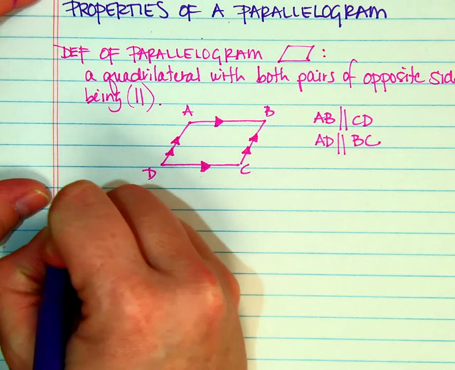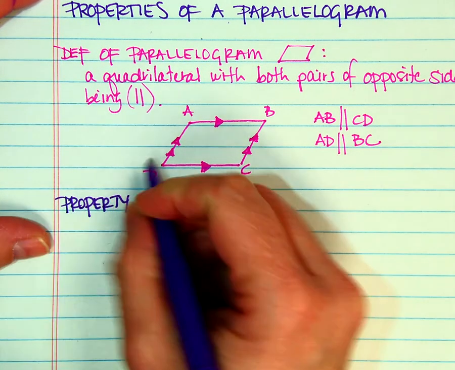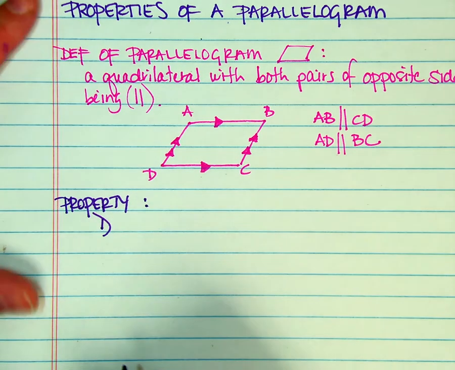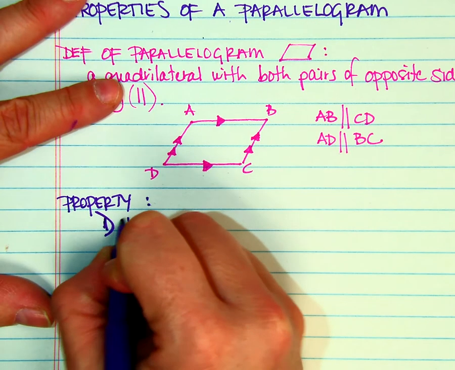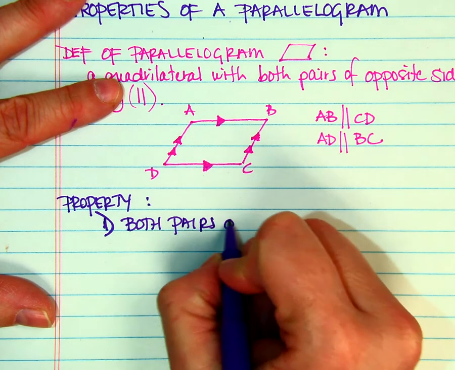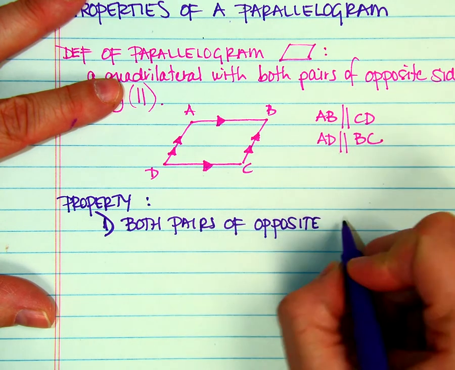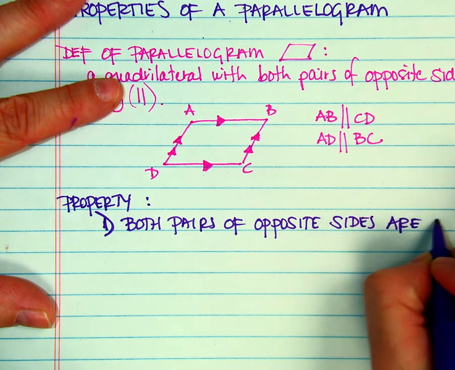And the first property, that's a 1, is that both pairs of opposite sides are congruent.